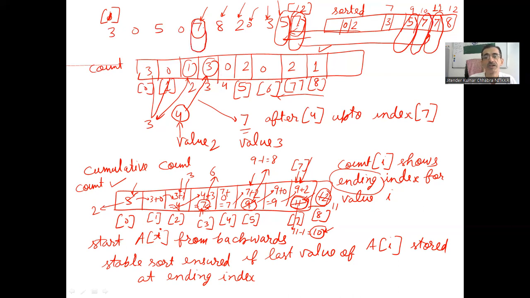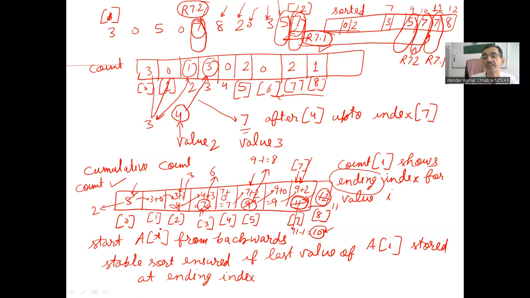So this full record, let's say R7.2, this is record R7.2, and this was our record 7.1. So R7.1 is here, R7.2 is here.